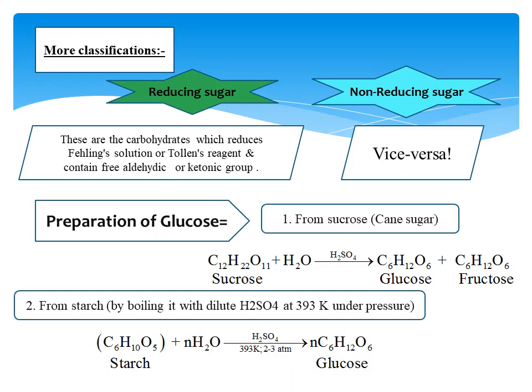It should be noted that glucose and fructose have the same molecular formula in the condensed form, but when they are drawn in the angular or structural form, the structures of glucose and fructose are a little bit different, though the condensed formula is the same for both.